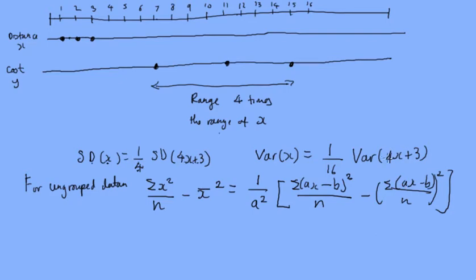So the a, in this case the 4, is the multiplication factor. We take that out, and the variance is going to be 1 over a squared.